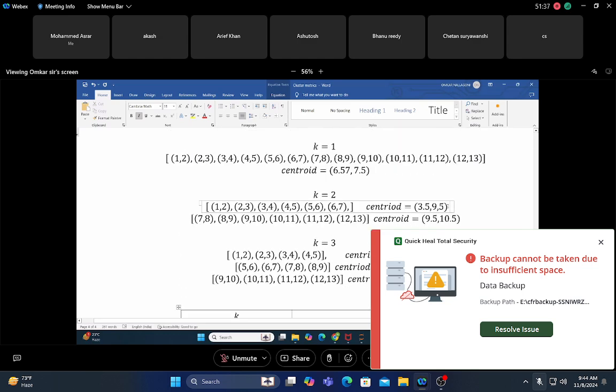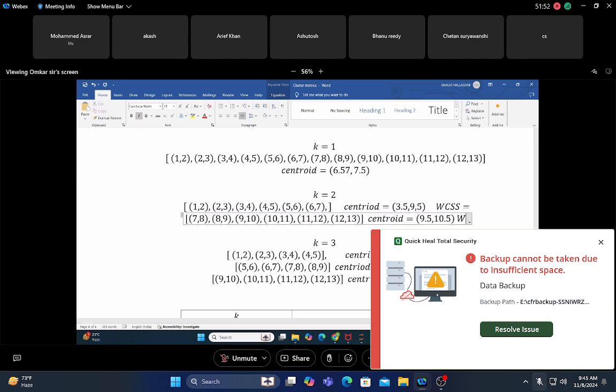Now you calculate WCSS1 for this. How much is this WCSS, Shubhendu? 35.